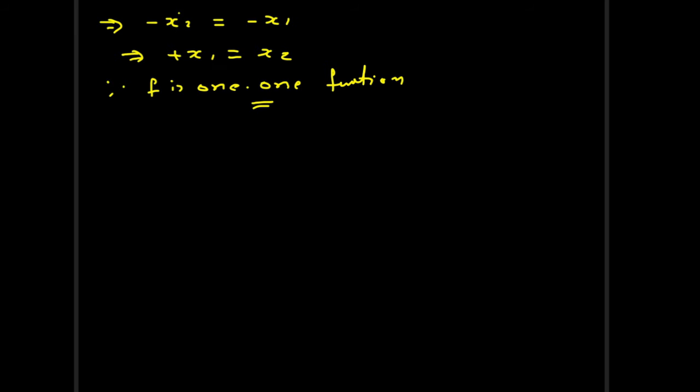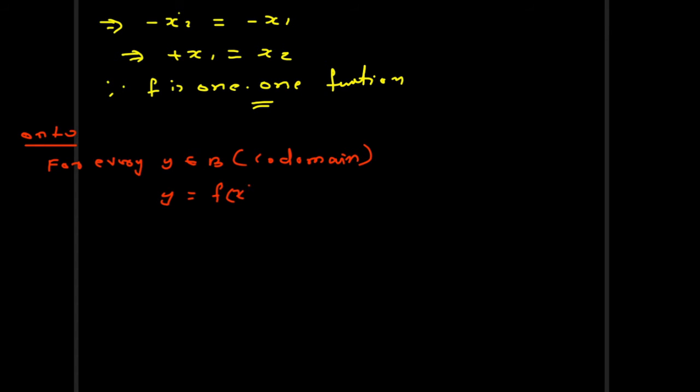Okay, next is onto. So for every y belonging to B, the codomain, this y equal to what? f of x.